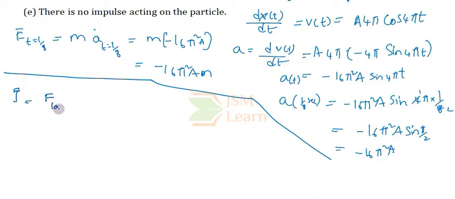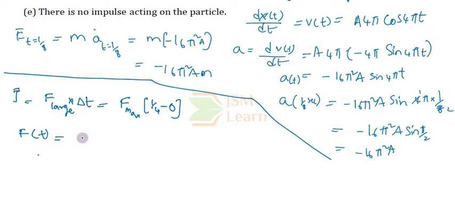It is actually a large force acting in a short period of time. And they have given the period of time as t2 minus t1, that is 1 by 4 seconds minus 0 seconds, multiplied by the maximum force. So we already obtained that our f of t, in the previous case, was minus 16 pi square am sine 4 pi t.